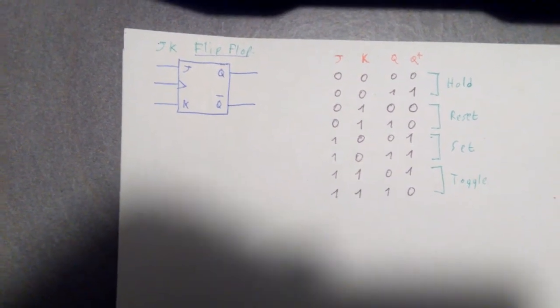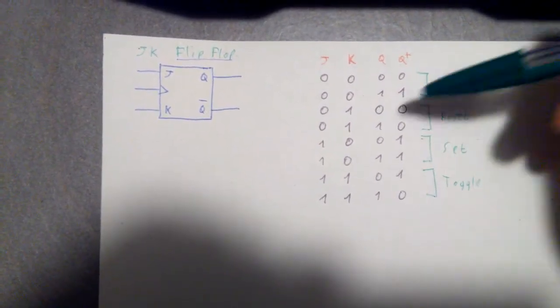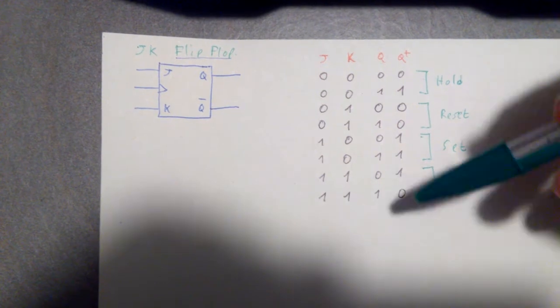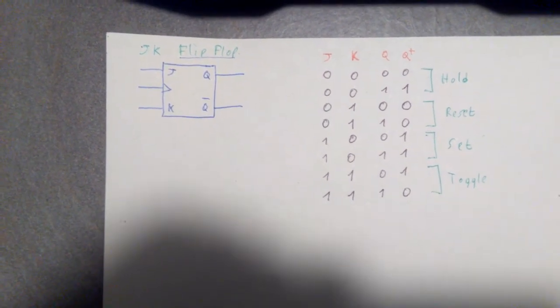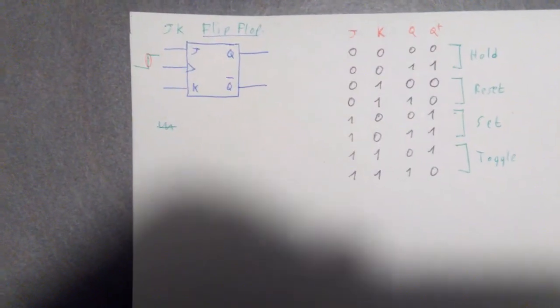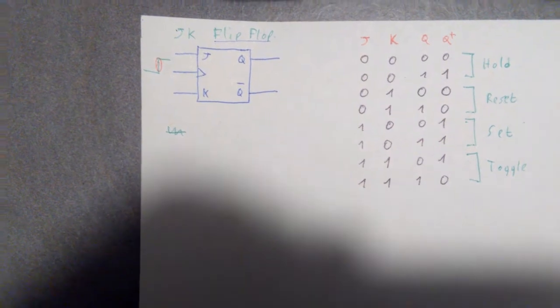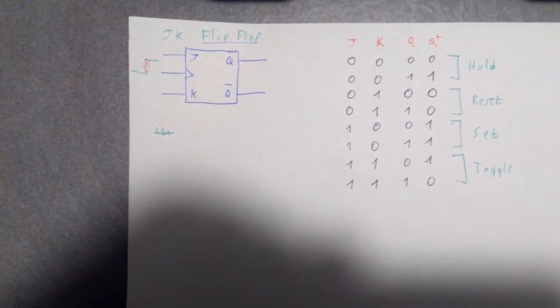And again, this truth table is not showing the clock, it's just showing the values of J and K on the clock edge. So when the clock is here, on the clock edge, right? This is what it is showing.